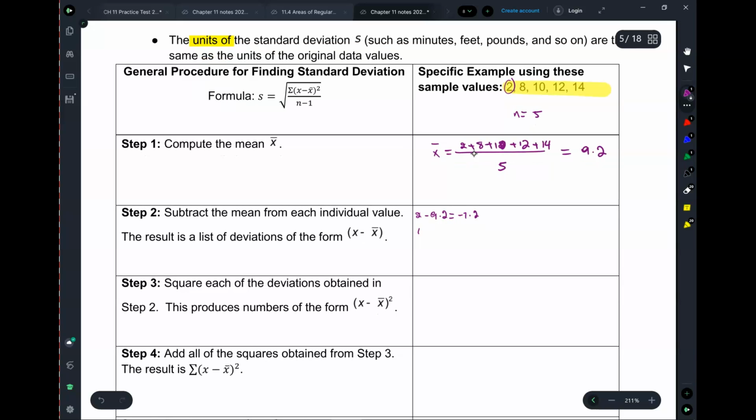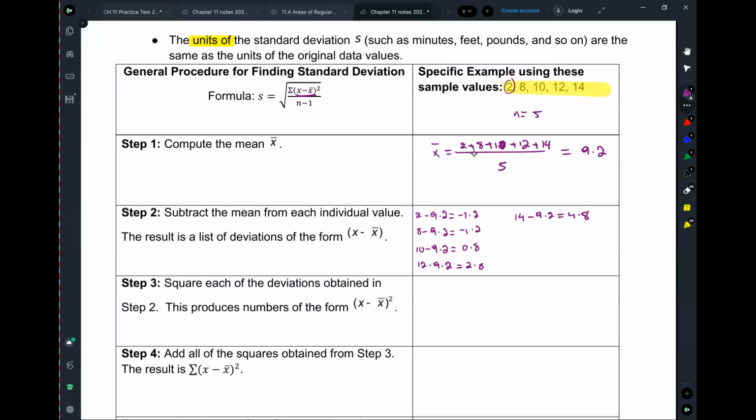And then 8 minus 9.2, negative 1.2. 10 minus 9.2 is 0.8. 12 minus 9.2, 2.8. And then finally, 14 minus 9.2, 4.8. Okay? So what we have now is, in the formula, x minus x bar. These are your x minus x bar values.